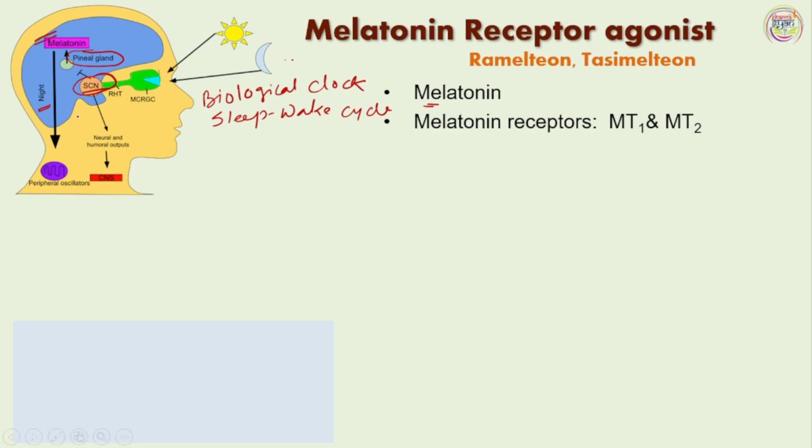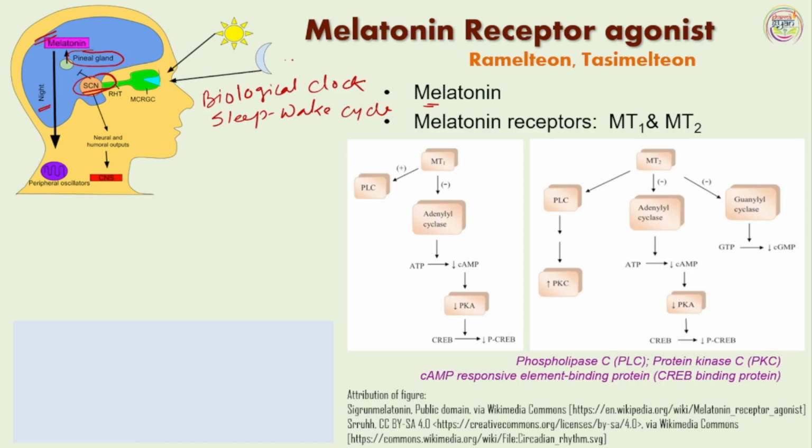Now, about the receptors, melatonin receptors are mainly of two types, MT1 and MT2 receptors. Both of these receptors are GPCRs, G protein coupled receptors.